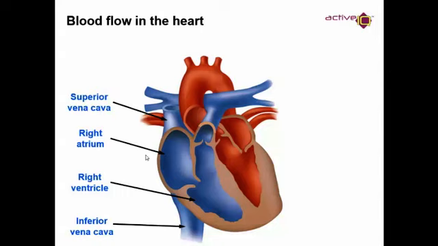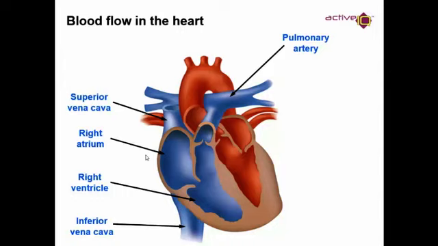Once we go into the right atrium, the blood will pass through to the right ventricle. So from the vena cava, we go right atrium, then right ventricle, and then the blood is pushed out through the pulmonary artery. Okay? So we'll re-sum that up because it's important that we follow this, guys, okay?